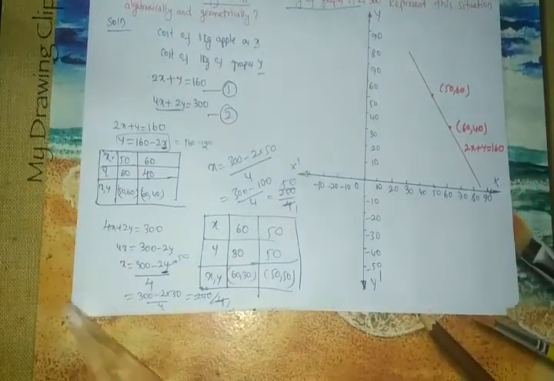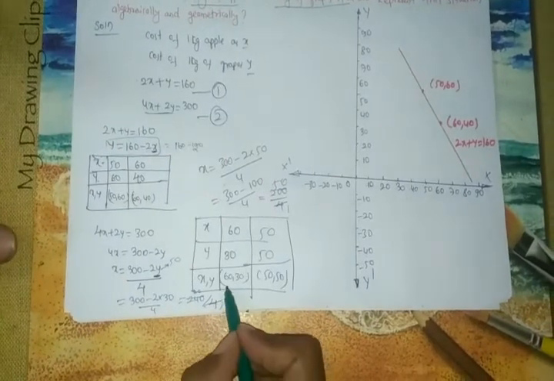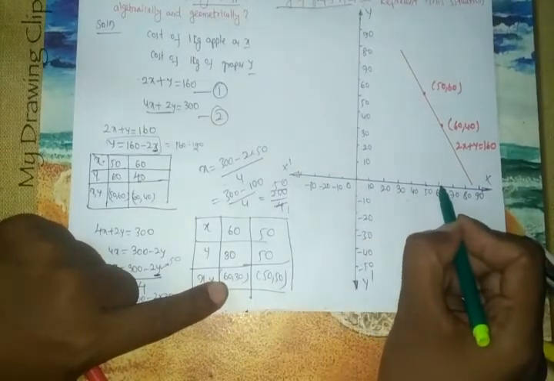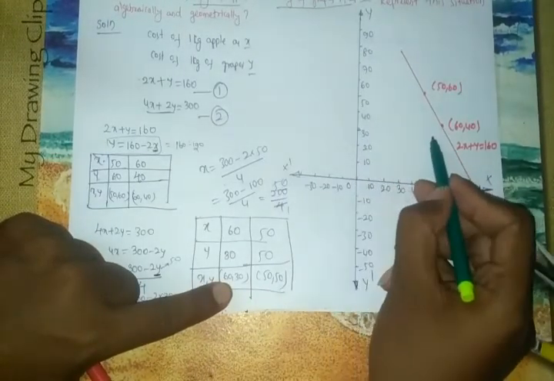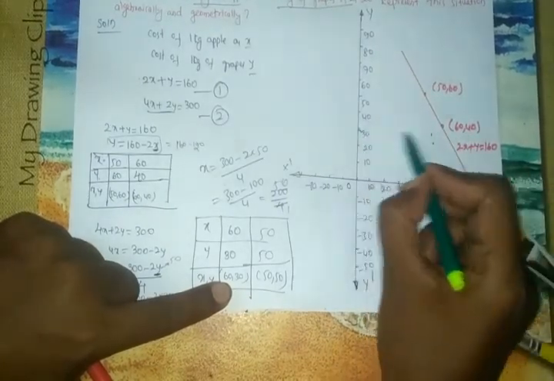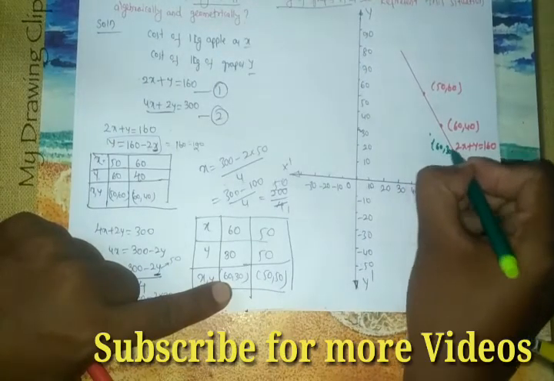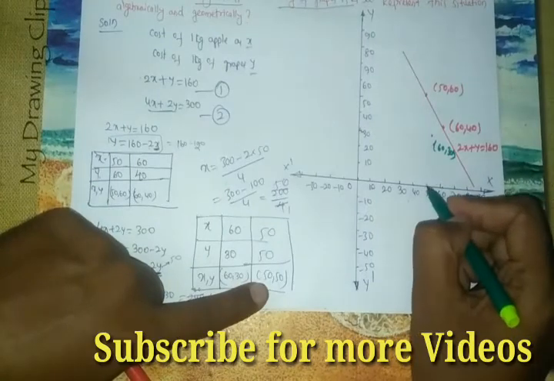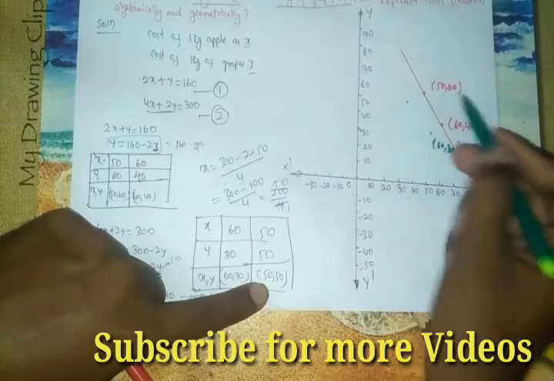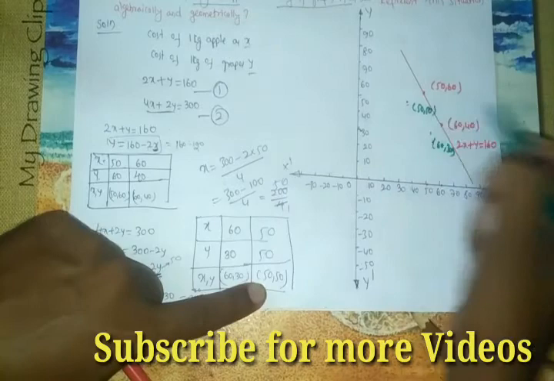For the second equation, we have the points 60 comma 30 and 50 comma 50. When x is 60, y is 30. So somewhere here, somewhere up, yes, this is 60 comma 30. And when y is 50, x is 50. So somewhere here, 50 comma 50.